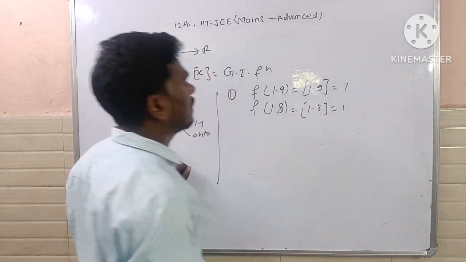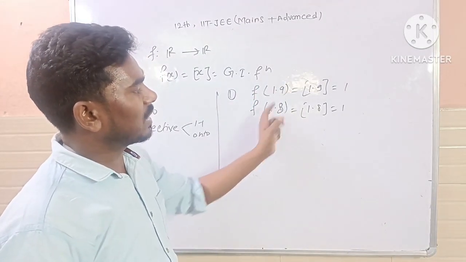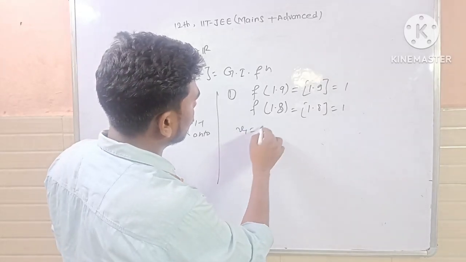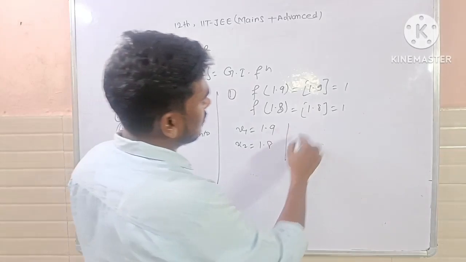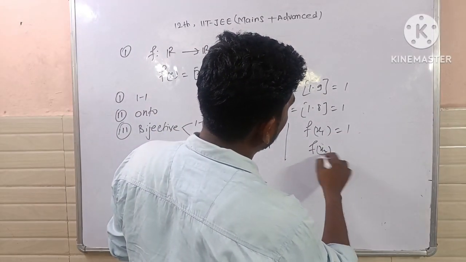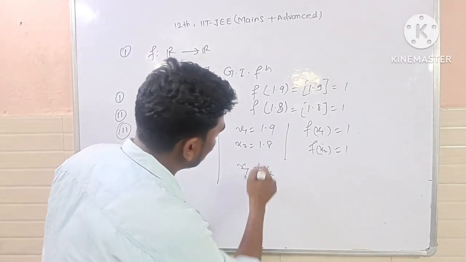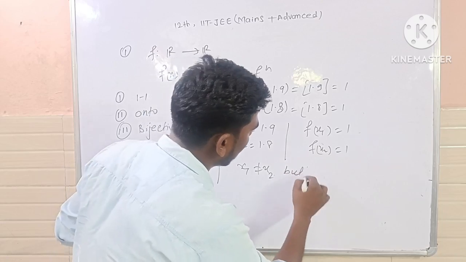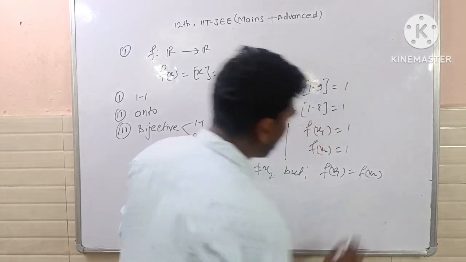So x1 equals 1.9, x2 equals 1.8, and f of x1 becomes 1, and f of x2 becomes 1. So what are we getting? x1 is distinct from x2, 1.9 is distinct from 1.8, but f of x1 equals f of x2.